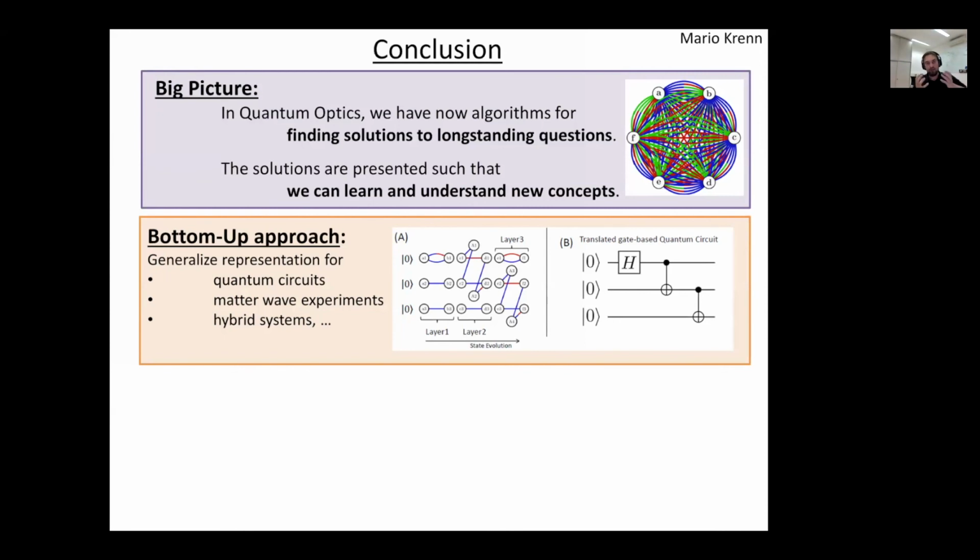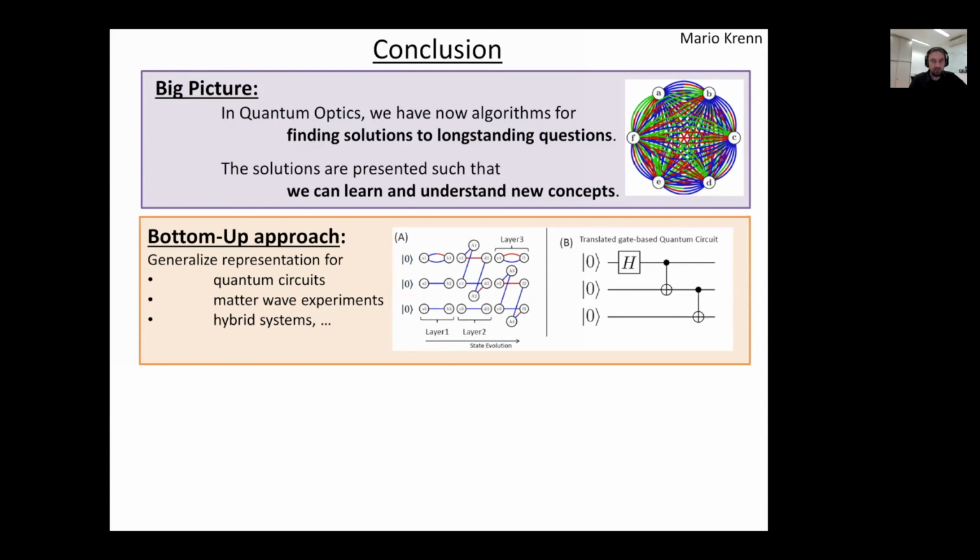So in some way, I'm hoping that this representation can be generalized to many other quantum systems, potentially other classical physical systems as well, so that we have a very efficient design algorithm in this other physical domain, where we can understand the solution and where we can learn new concepts from the solution.